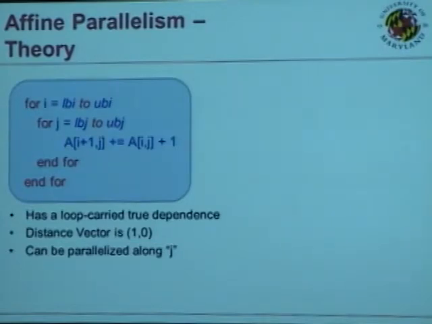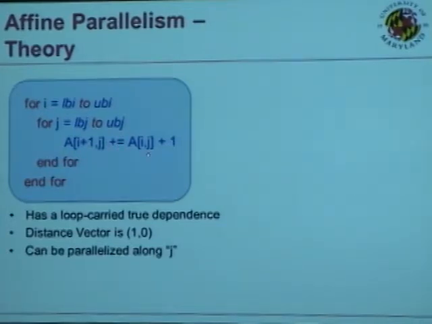Why? Because let's say if i equal to 5, you're writing a of 6 comma something. But in the next iteration, when i equal to 6, that's when you're reading.